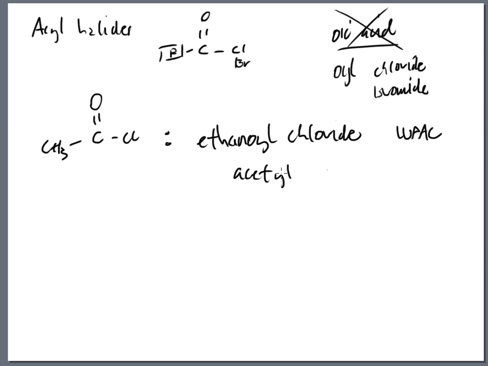We kept the IC ending and put it into the common nomenclature. We'll do the same thing here. Oyl will just end up with YL. That YL gets put into the name, so acetyl, and then we'll name chloride at the very end.